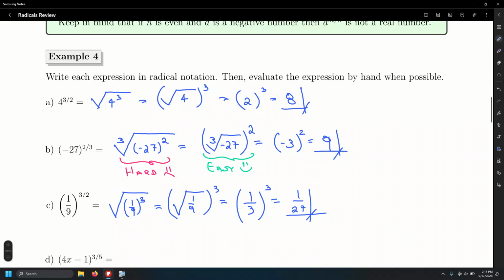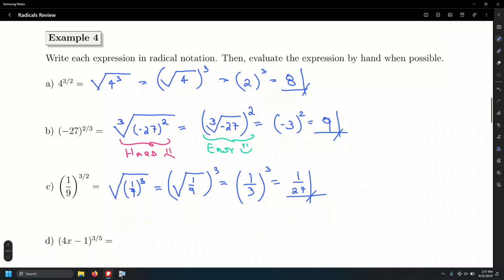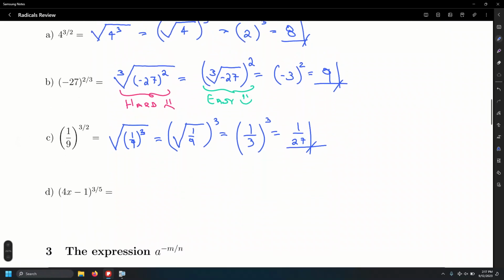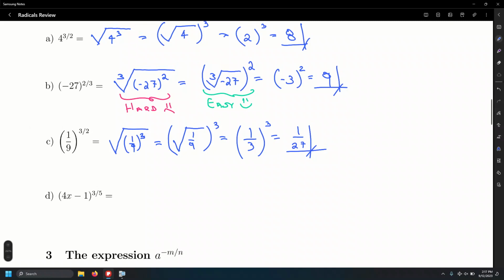Okay, for the next ones, all we're going to do is just write them in terms of radicals, because there's nothing really to simplify, just like A through C. Again, the denominator of the rational exponent is the index of the radical.